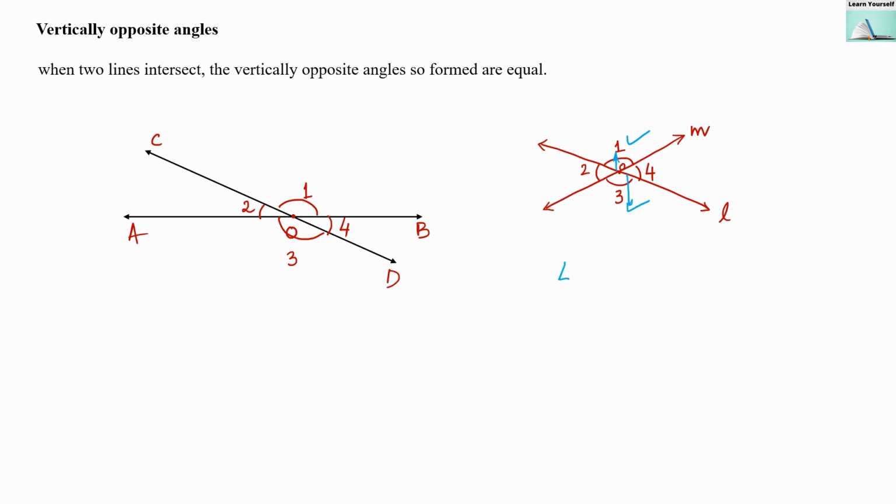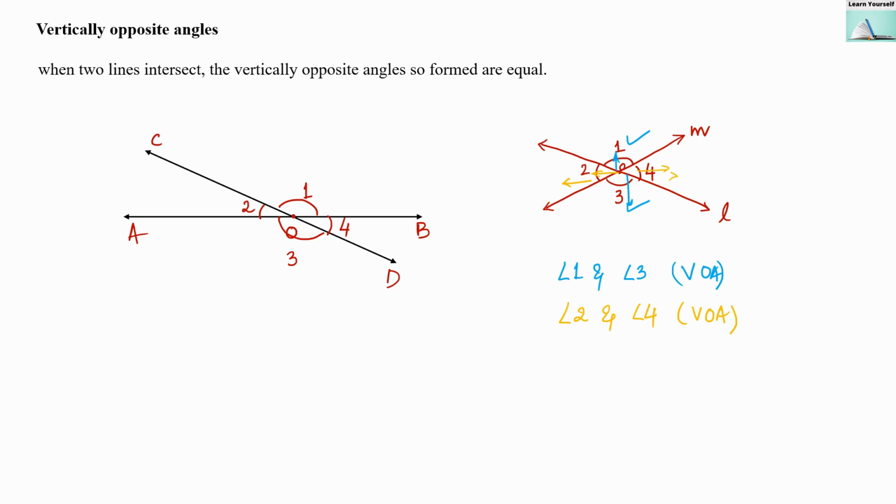So in short, we call them VOA. Similarly, on the other side, angle 2 and angle 4 are vertically opposite angles.